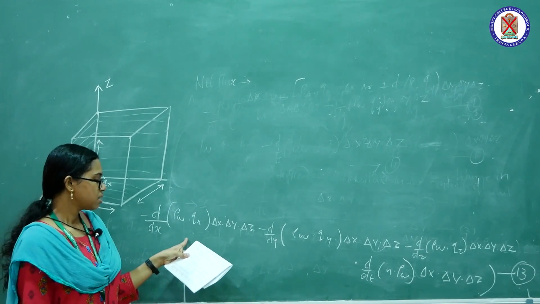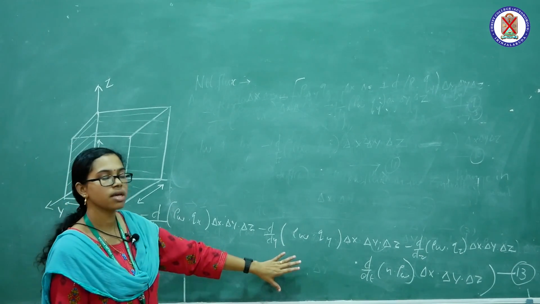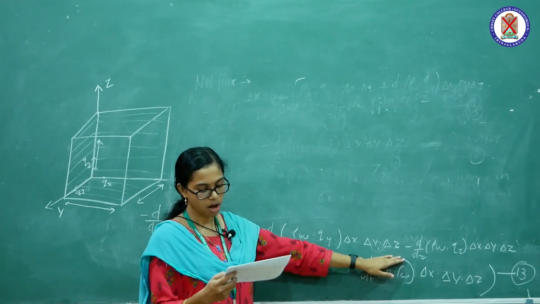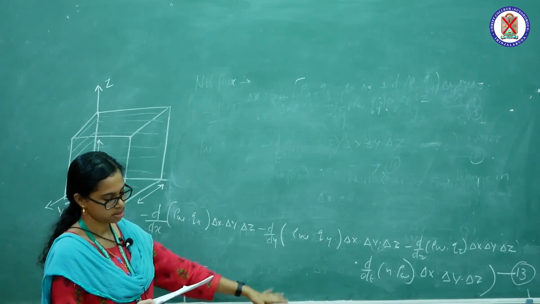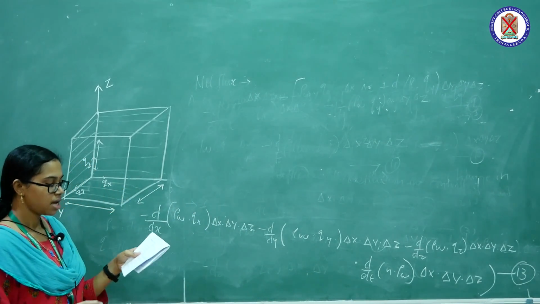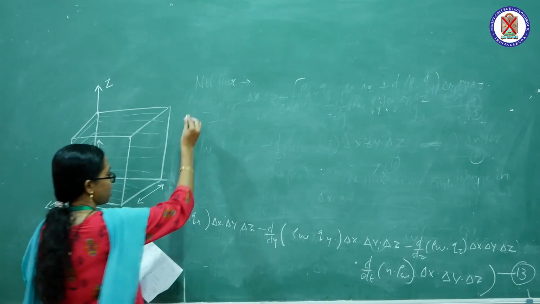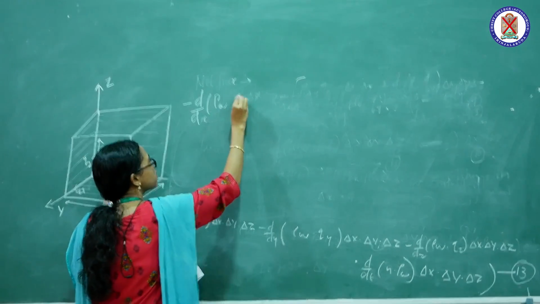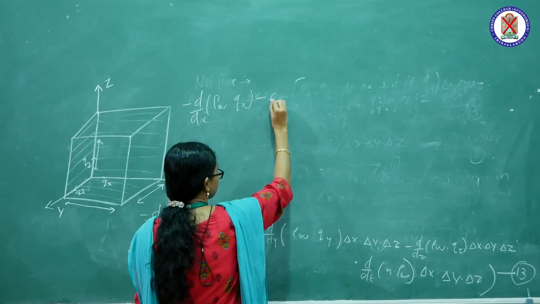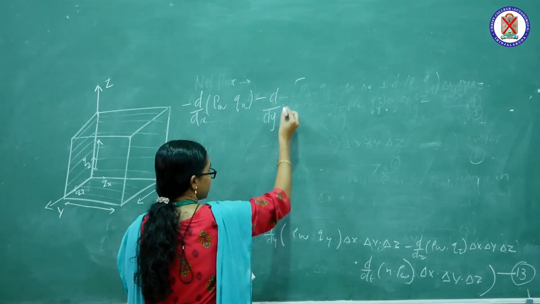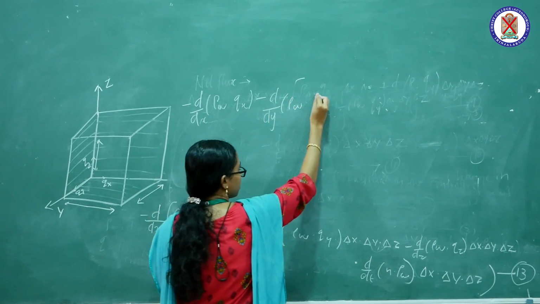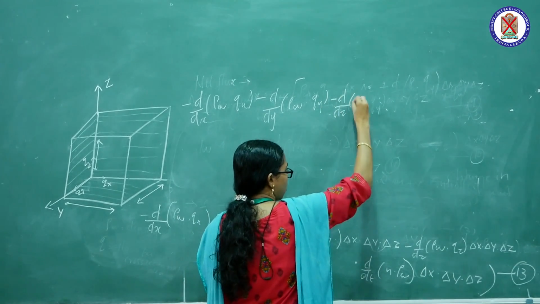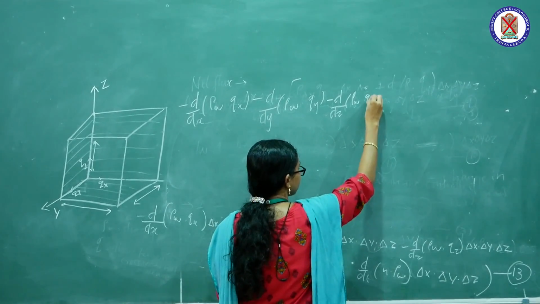Next, dividing equation number 13 by delta x, delta y and delta z on both sides, we will get a simplified equation like d by dx of rho w into qx, minus d by dy of rho w into qy, minus d by dz of rho w into qz.